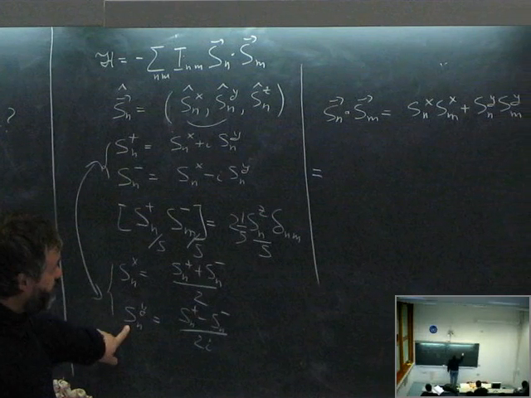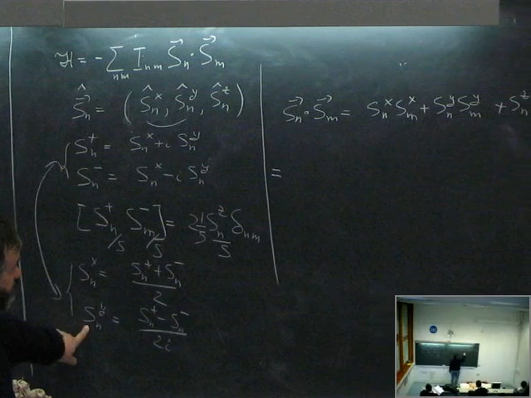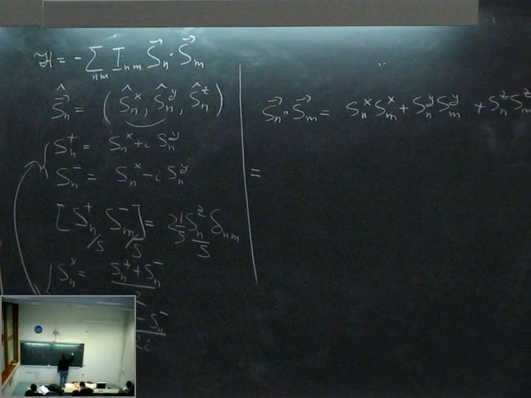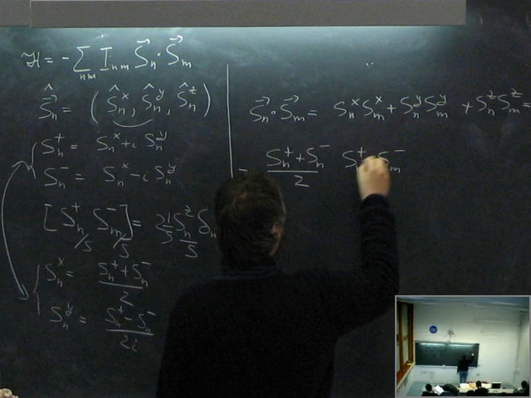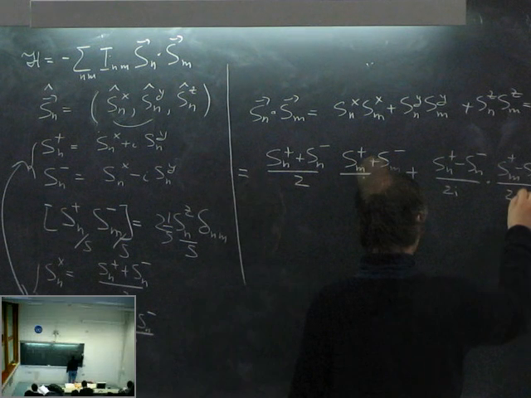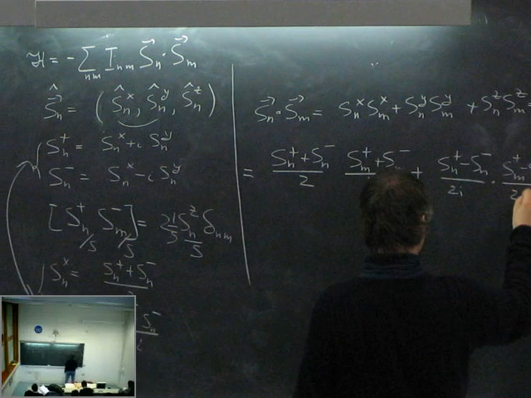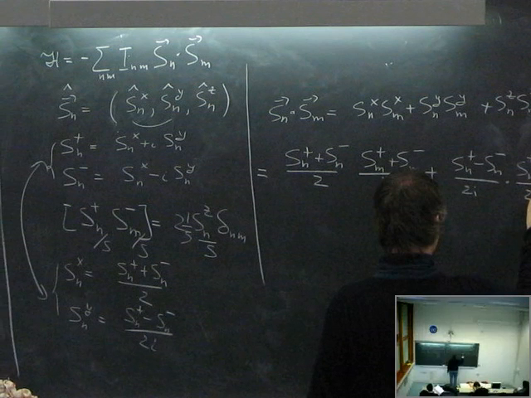So it is (S_n^+ + S_n^-)/2 times (S_m^+ + S_m^-)/2 plus (S_n^+ - S_n^-)/2i times (S_m^+ - S_m^-)/2i plus S_n^z S_m^z.